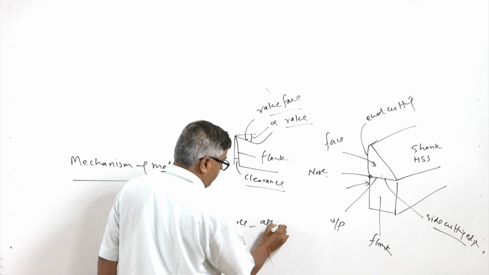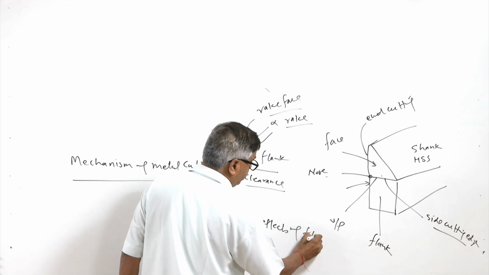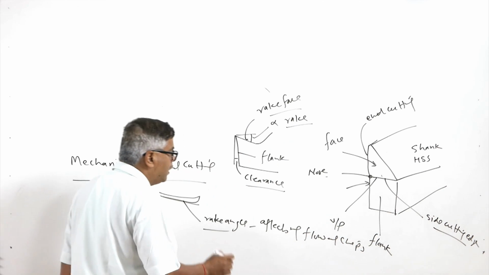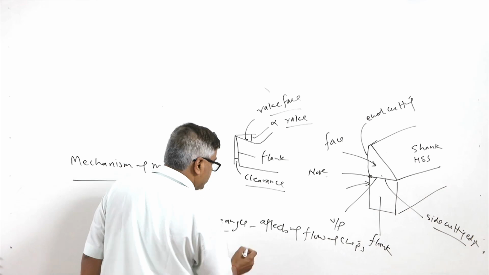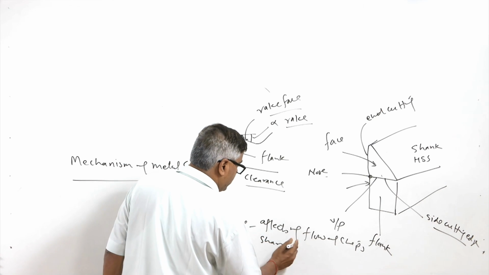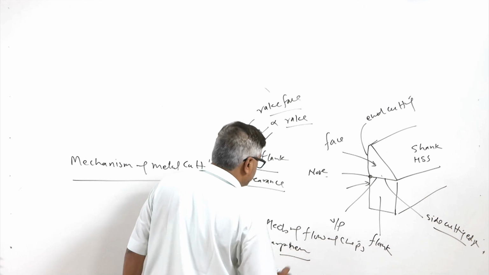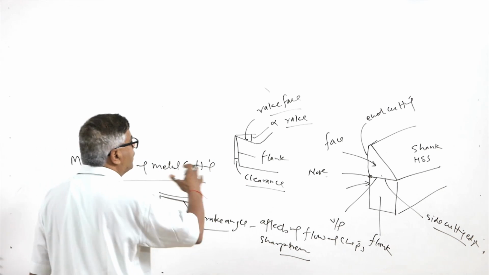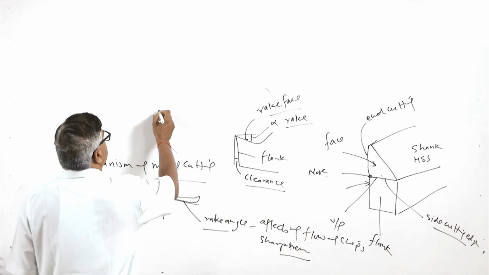So, basically the rake angle affects the flow of the chips over the face after removal, and second, it also affects the sharpness of the cutting edge. So, positive rake angle or negative rake angle, depending upon the inclination of the face of the tool.